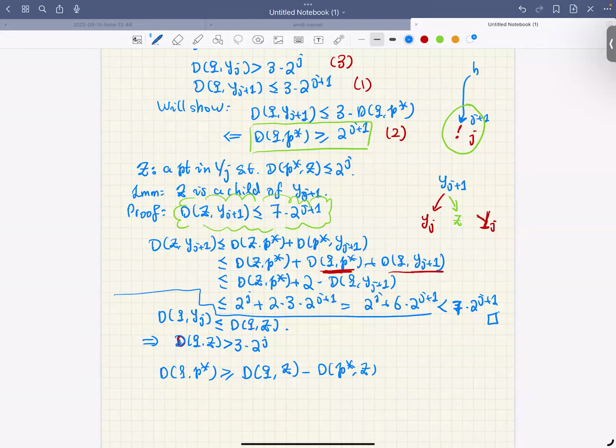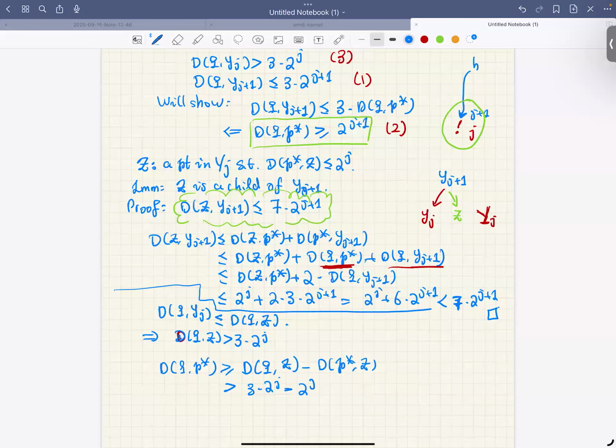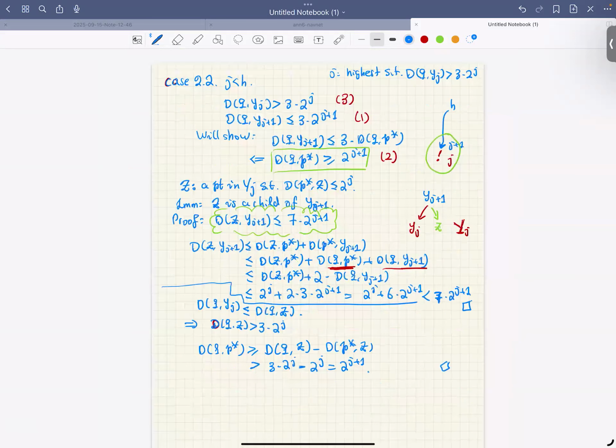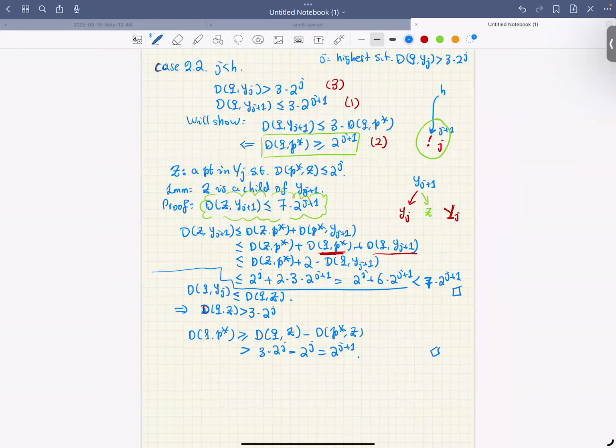The first term, the distance from Q to Z, is strictly larger than 3 times 2 to the power of J. On the other hand, the second term, the subtraction term, is upper bounded by 2 to the power of J. So now you have 2 times 2 to the power of J, and what is that? That's precisely 2 to the power of J plus 1, and that's what I need in inequality 2. Okay, all right, so that completes the proof.